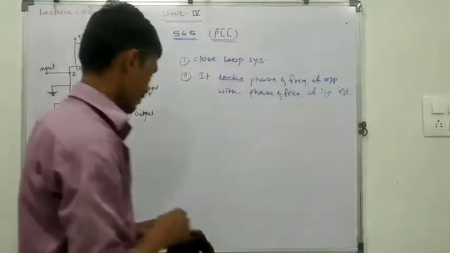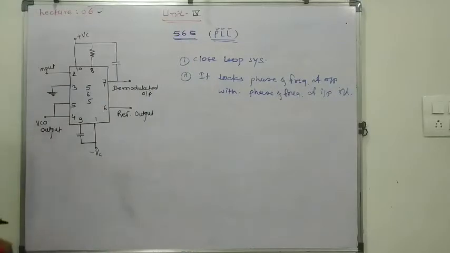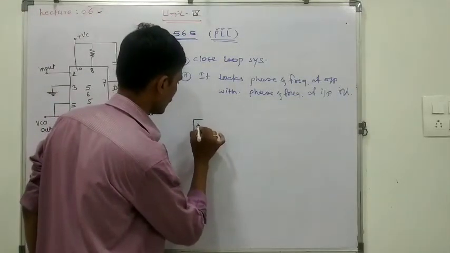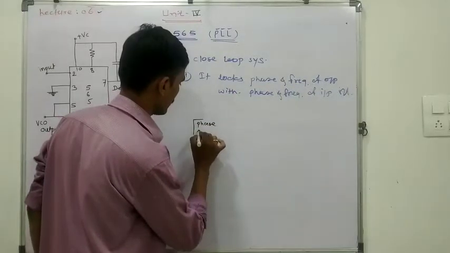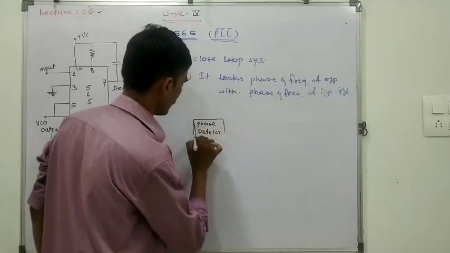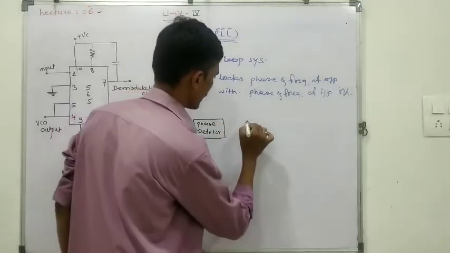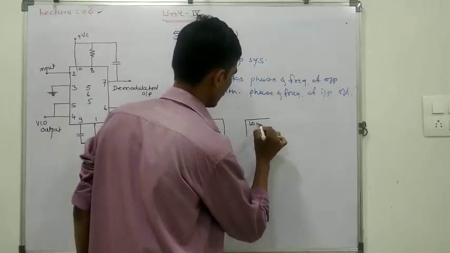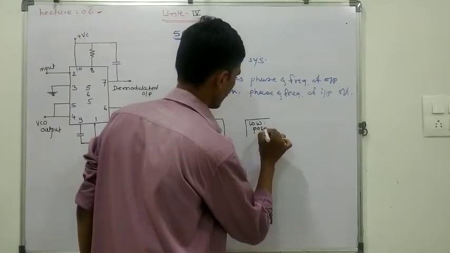So let us start with the block schematic of the 565. Basically there are 3 blocks, and one more block which is the VCO. The first block is the phase detector. The second block is the low pass filter.